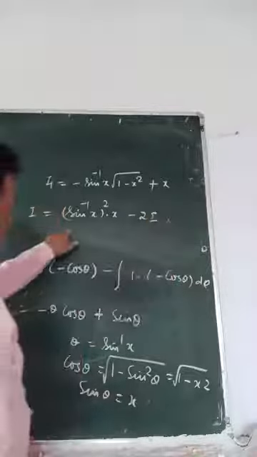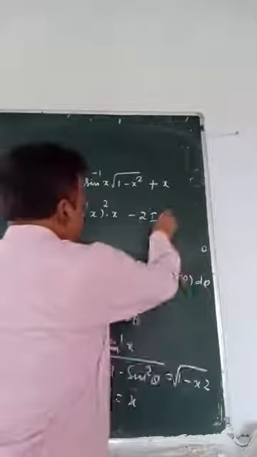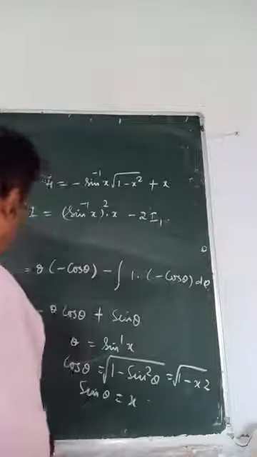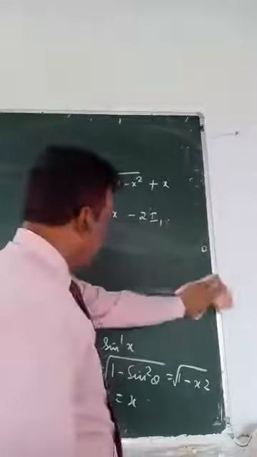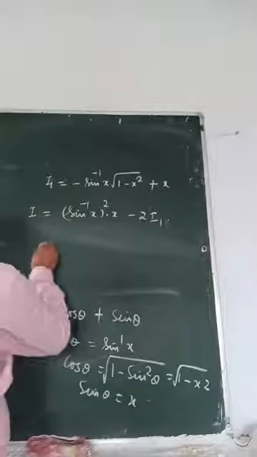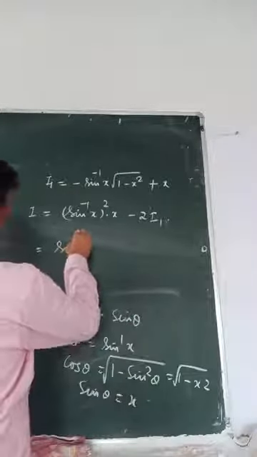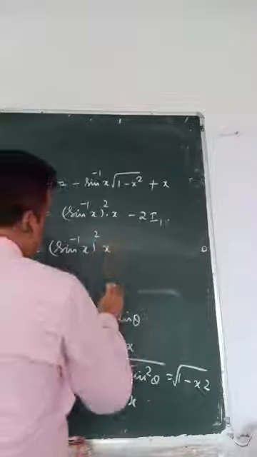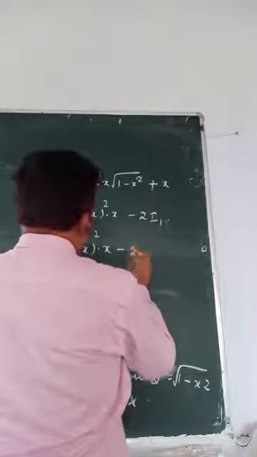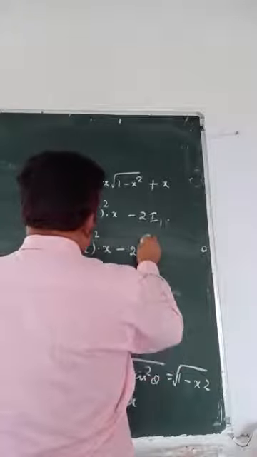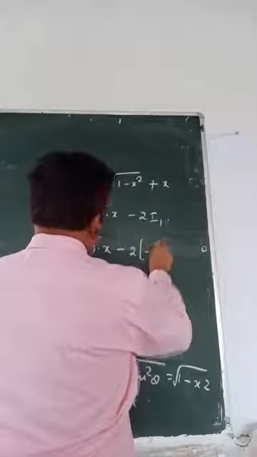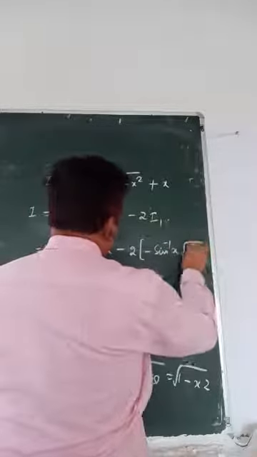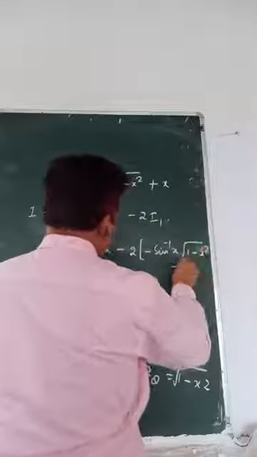Look at, I have made it equation number 1. So put this value in I1. So you are getting the final answer: sin inverse x whole square into x minus 2 times minus sin inverse x root over of 1 minus x square plus x.